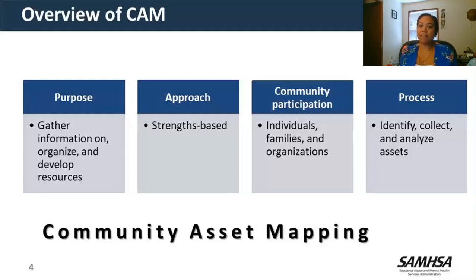It takes a lot of participation, and people can participate along the way in different pieces of it. It captures all of the resources in a community, and that's why we want as many people as possible to be involved along the process. Again, it's about identifying, collecting, and analyzing those assets that are identified by the community.